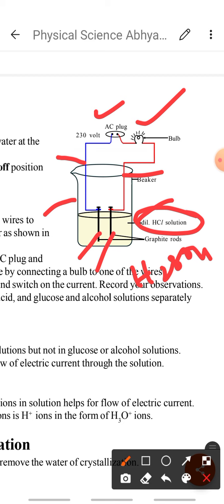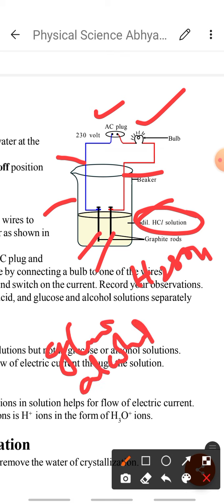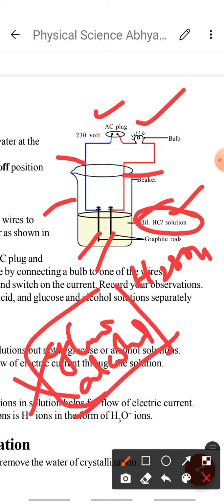But if instead of HCl and H2SO4 you take a glucose or alcohol solution, the bulb does not glow. Why? Because HCl and H2SO4 have H+ ions, which are responsible for conduction of electricity. Glucose and alcohol have hydrogen, but they do not produce H+ ions.